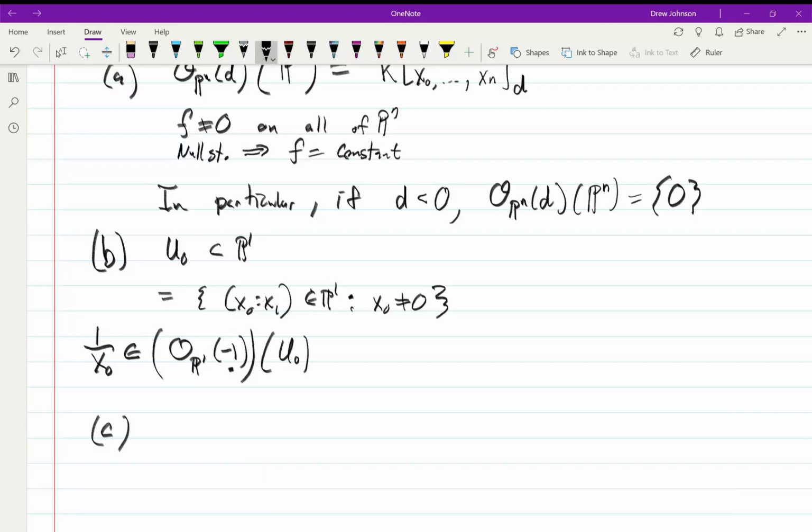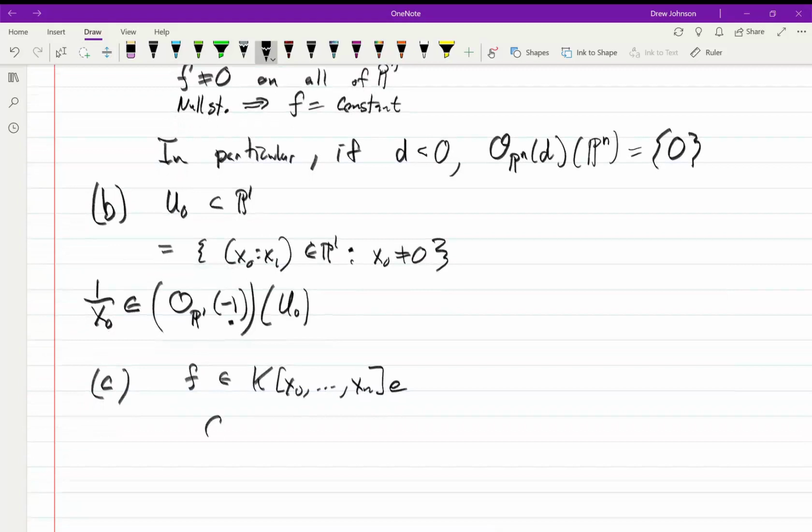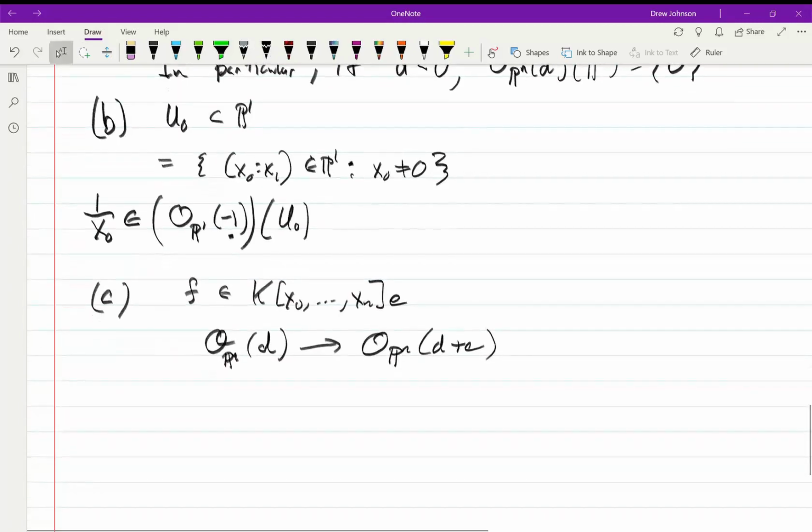All right, let's now give an example of a morphism of OX modules. So let's pick f to be a homogeneous polynomial of degree E. And this will define for us a morphism of OX modules, O_{P^n}(D) to O_{P^n}(D+E).